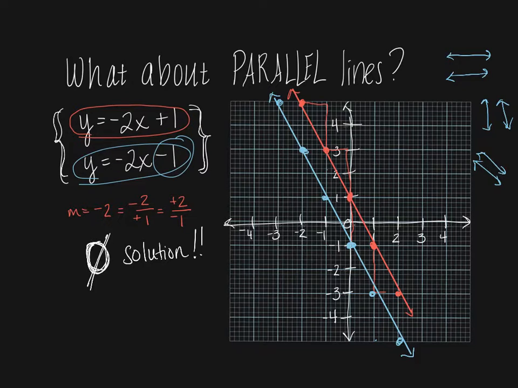Now, how can you tell without graphing if a system has no solution? How would you know just by simply looking at my formula, without a graph, that something has no solution?